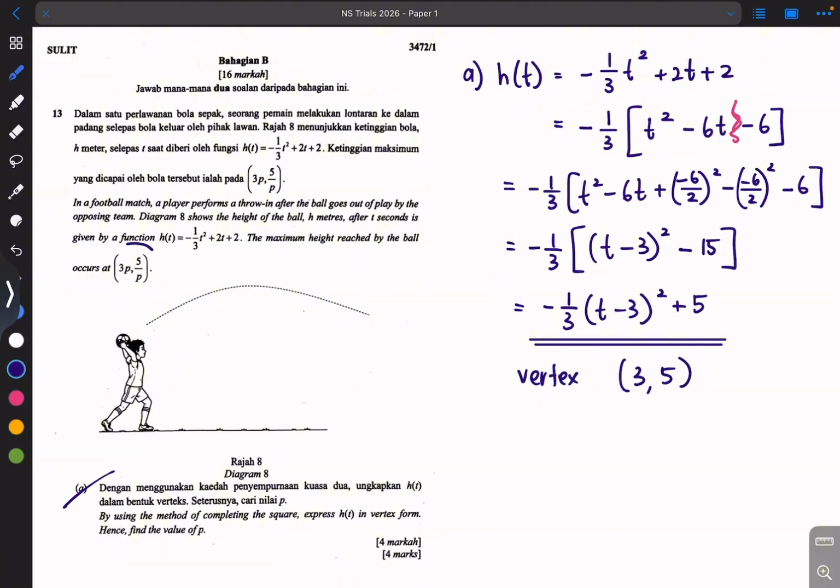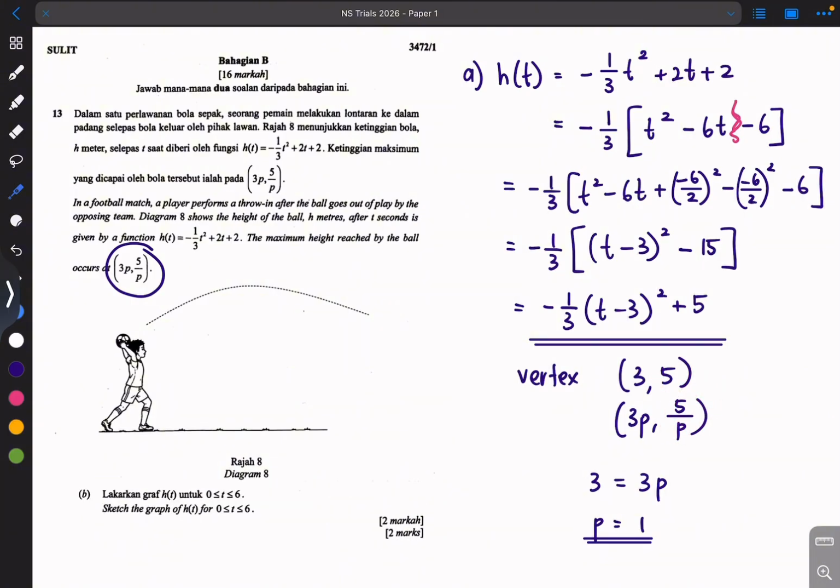Here they gave us the vertex (3p, 5 over p). We can just compare. So 3 equals 3p, that means p equals 1. You can use either one, 5 over 1 is also 5. That's it.